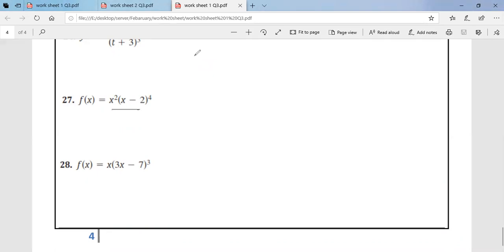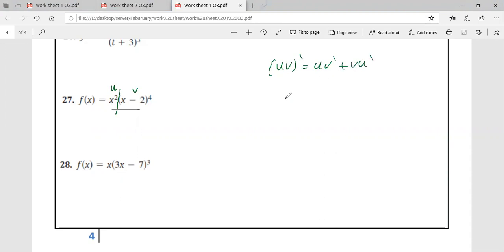Look here, I noticed this one is a product of two functions. That is the first function u, that is the second function v. I will apply the product rule for the derivative of a product of two functions. It will be the first multiplied by the derivative of the second plus the second multiplied by the derivative of the first.